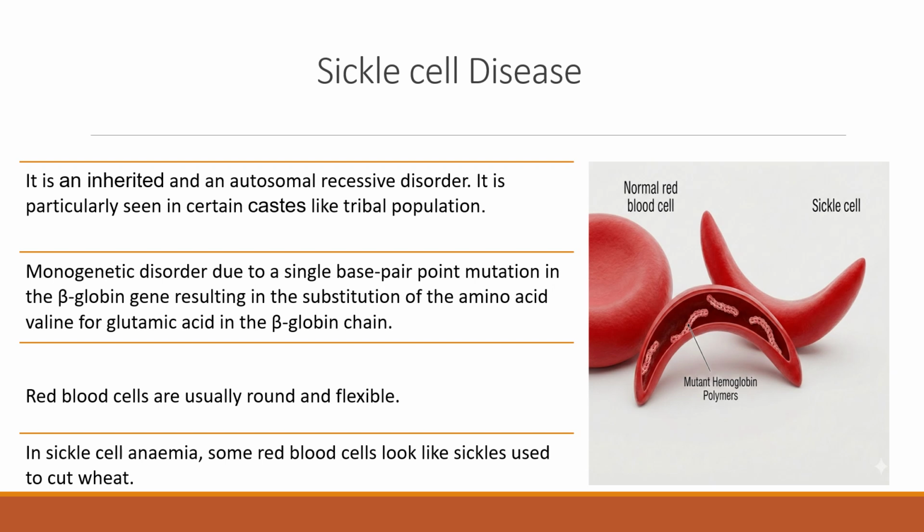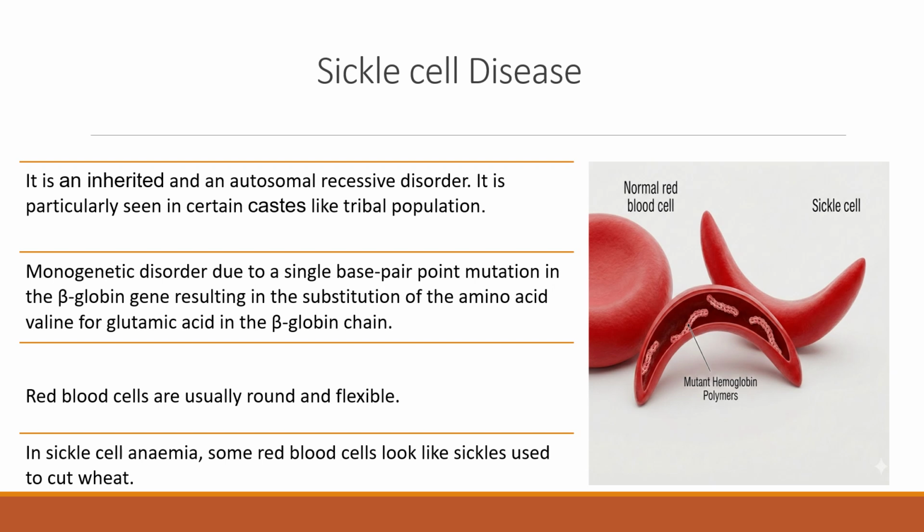So we are talking about hemoglobin. The globin part of the hemoglobin is what we are talking about, and the mutation is in that globin gene. If we remember, red blood cells are usually round and flexible enough to pass through small vessels, small capillaries.